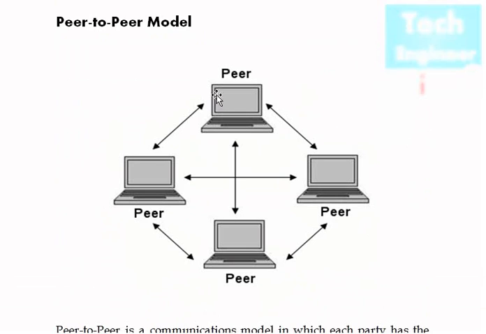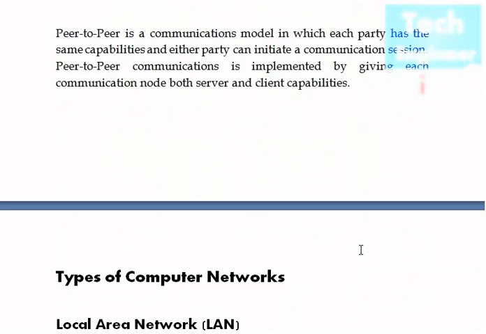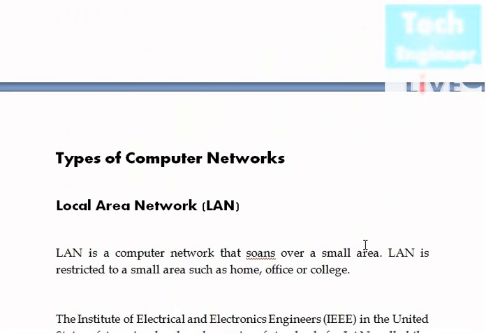The peer-to-peer model is boss of their own. They do whatever they want to. They communicate with each other, and they have no rights issue. They have equal rights like others have. So the peer-to-peer model is like that.